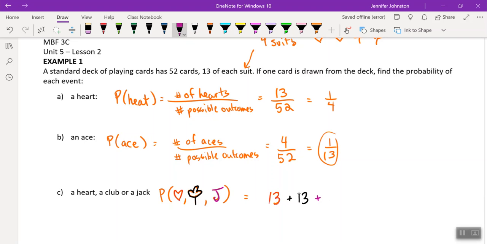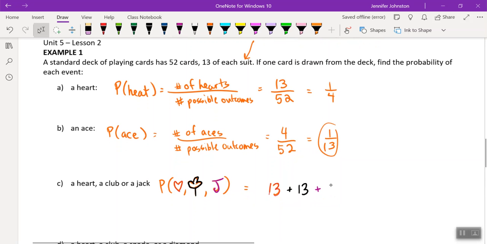However, did we just count some jacks in hearts and clubs? Absolutely. So we really have to be careful here. You can't double count. It's not going to be 4. Can you give a good guess as to what it's going to be? 2. That's it. Why is it 2? Because we don't want to count it twice. There's already a jack in the hearts and a jack in the clubs, so we're only going to have 2 left over.